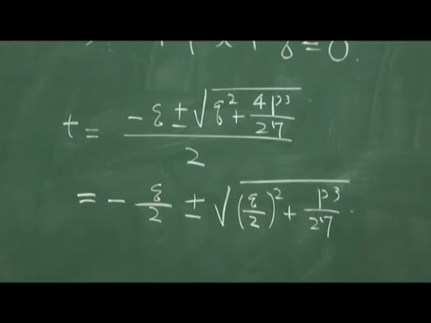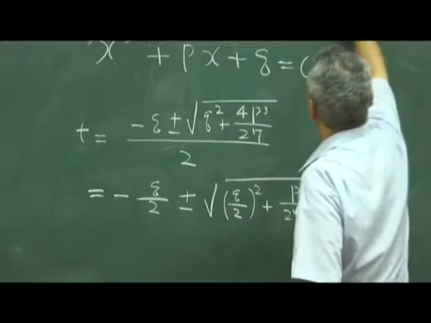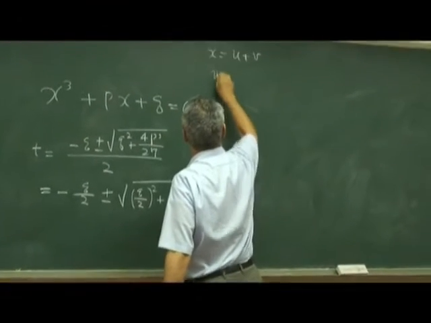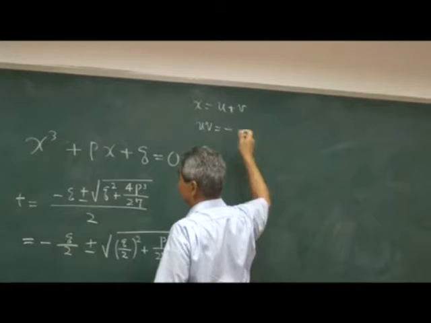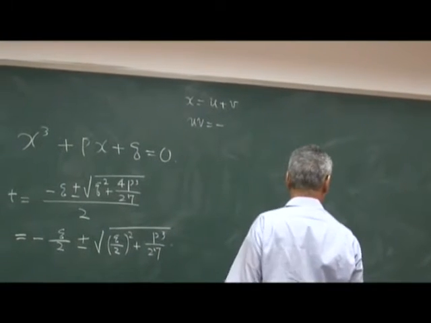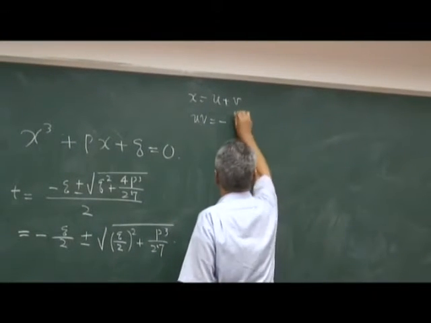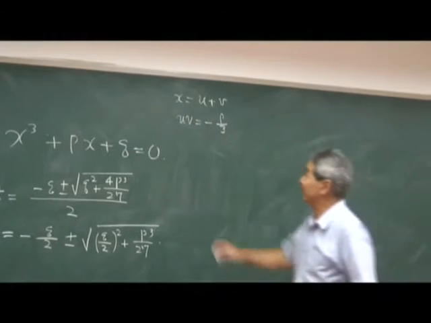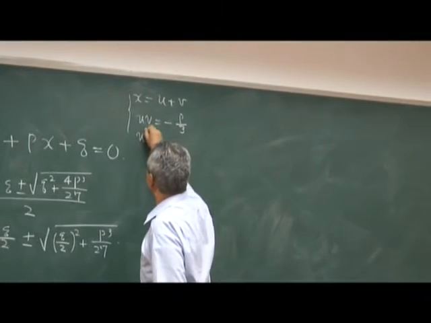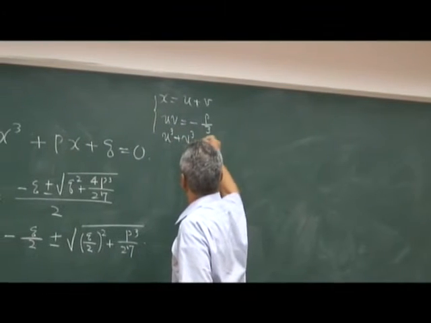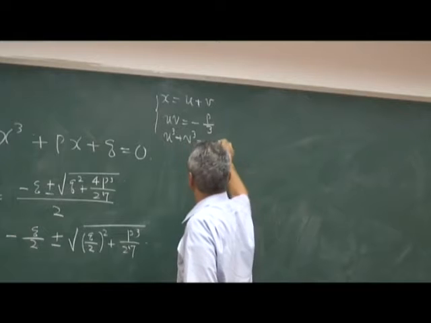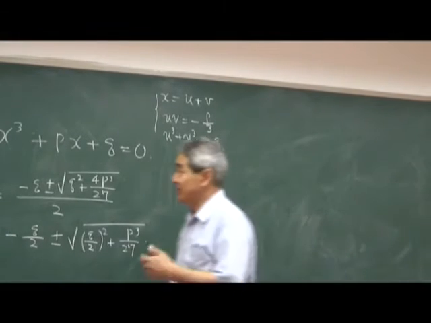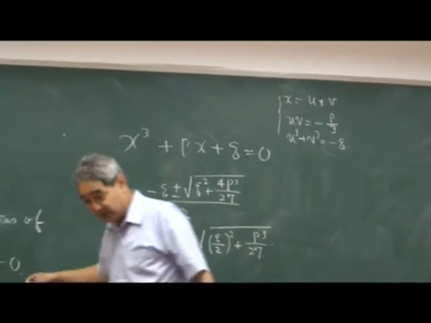Anyway, we really need the condition x is u plus v, and uv should be minus P over something. It's okay, that's very important. And U cube and V cube are solutions of this quadratic equation.